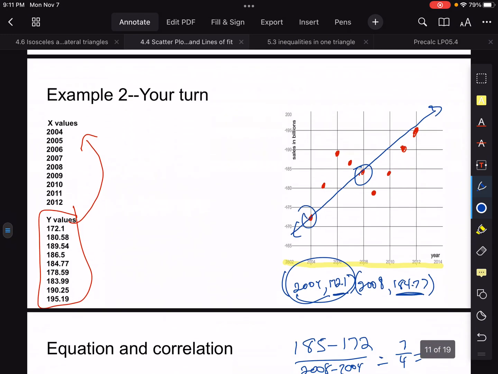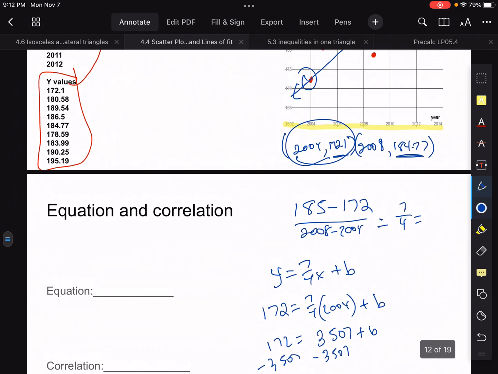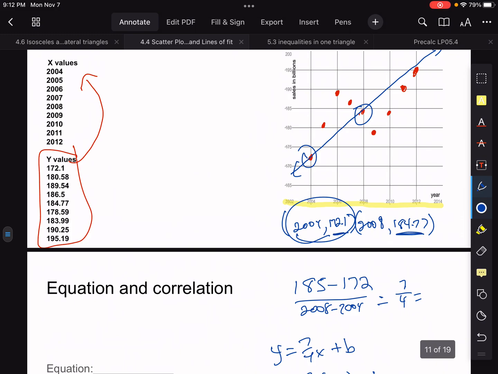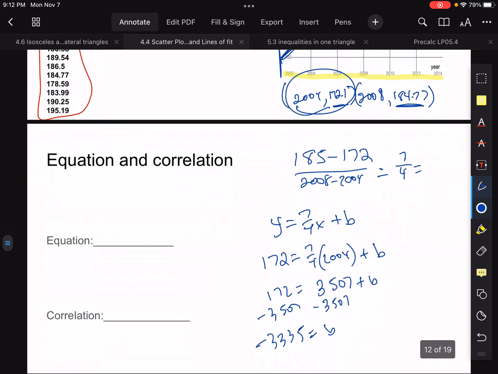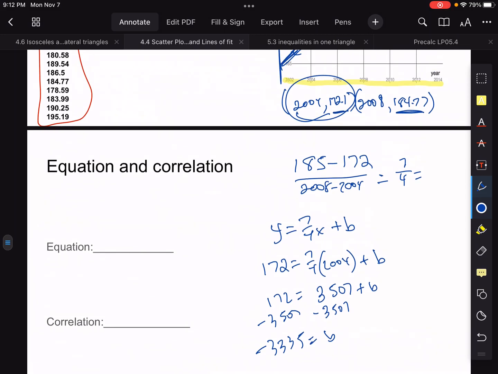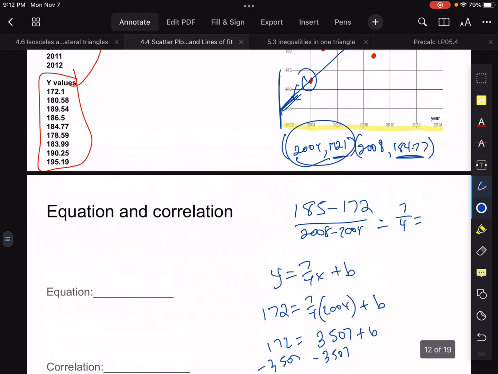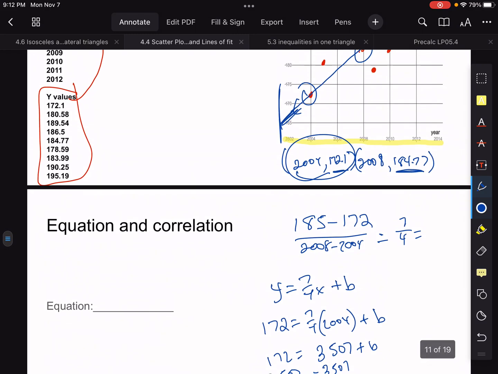Now, if I were to put that point on here, clearly this line does not intercept the y at negative 3335. Okay, so what is that telling me? It's telling me that I did something incorrect. All right, so if I go back here, I'm guessing this year piece is the party foul.